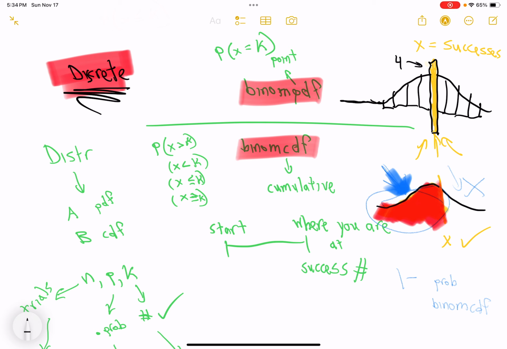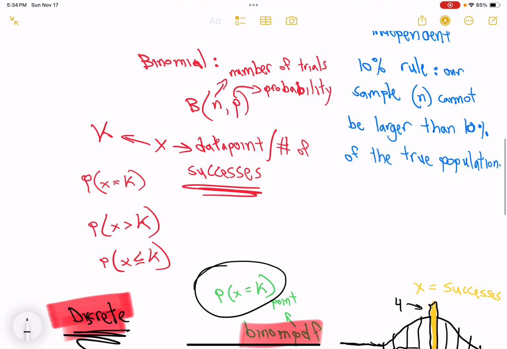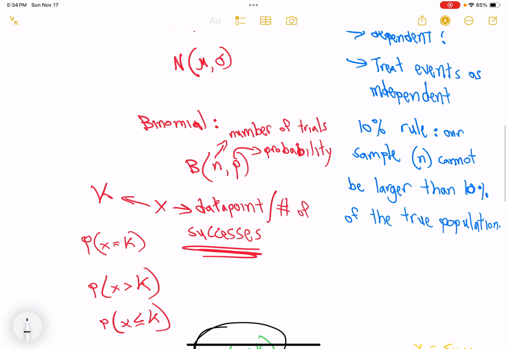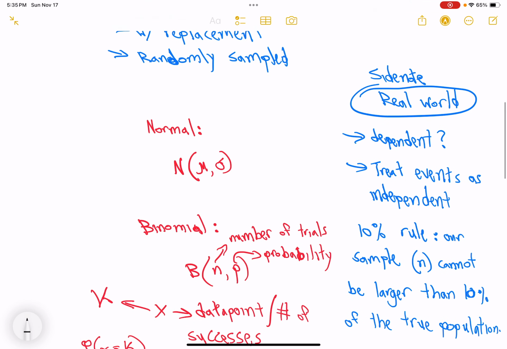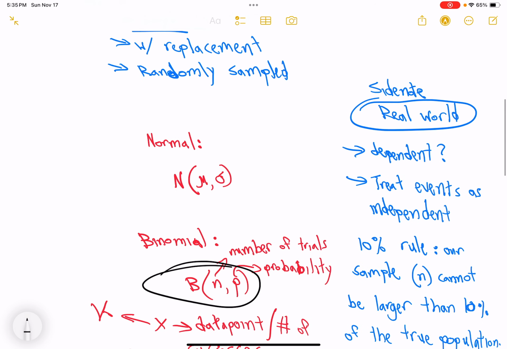All right. I've also given you a sneak peek as to the kinds of probabilities that we do with binom CDF versus the ones that we do for binom PDF. More to come on that later. We've looked at the things that we need for a binomial distribution. We need a total number of trials. We need a probability that remains constant across all of those trials, which means they are independent. We also need to have a number of successes, right? We've learned how to enumerate our binomial distribution, capital B, and then in parentheses, total number of trials, comma, probability overall, which should make sense.